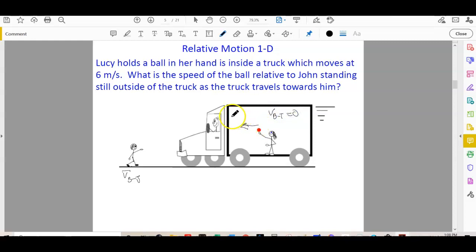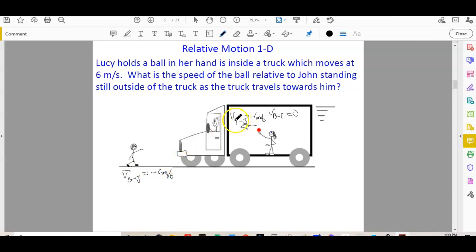But the velocity of the truck relative to John is going to be negative 6 meters per second. And so what that means is the velocity of the ball relative to John is also negative 6 meters per second.